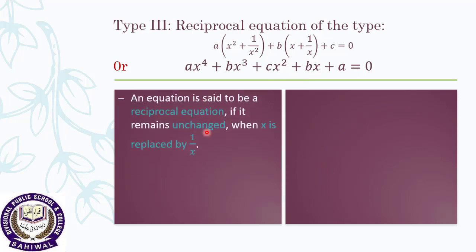An equation is said to be a reciprocal equation if it remains unchanged when x is replaced by 1 over x.